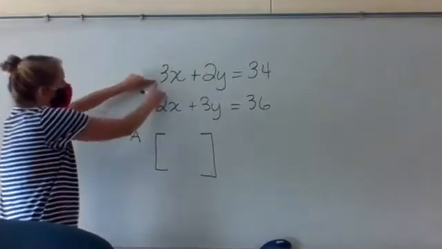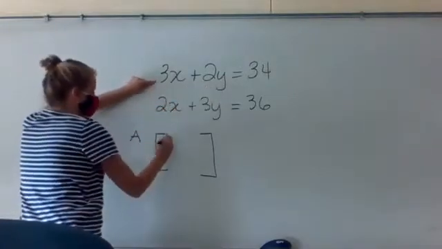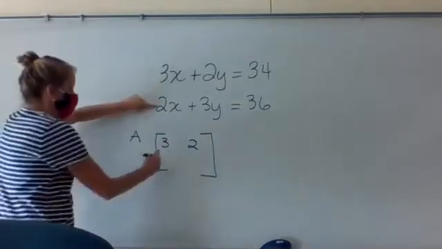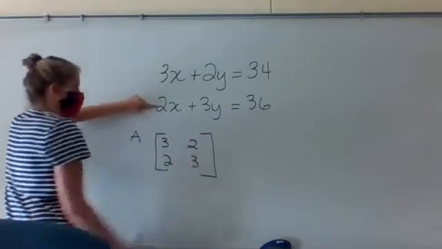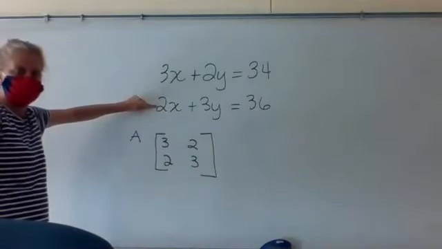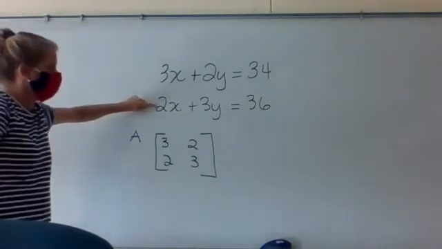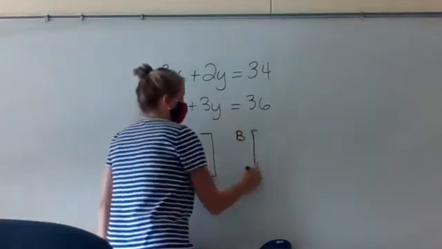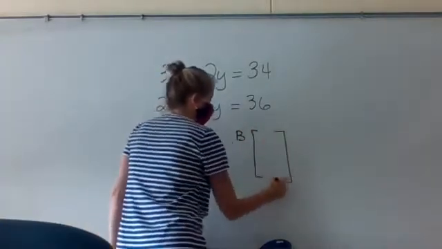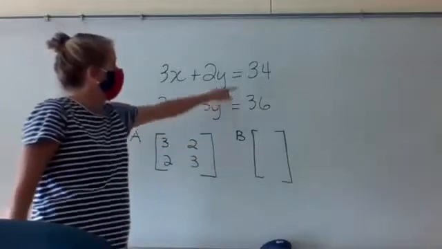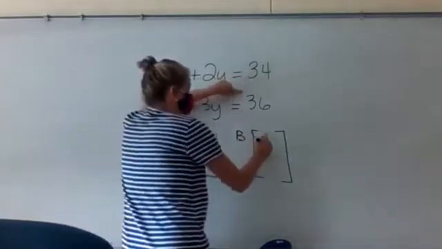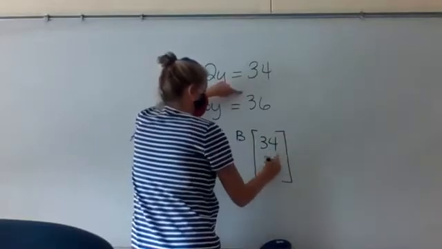So in my top row, I'll have a 3 and a 2. In the bottom row, I'll have a 2 and a 3. Then we're going to create a matrix B. It's going to come from these numbers that are on the other side of the equal sign. So I'll have a 34 and a 36.